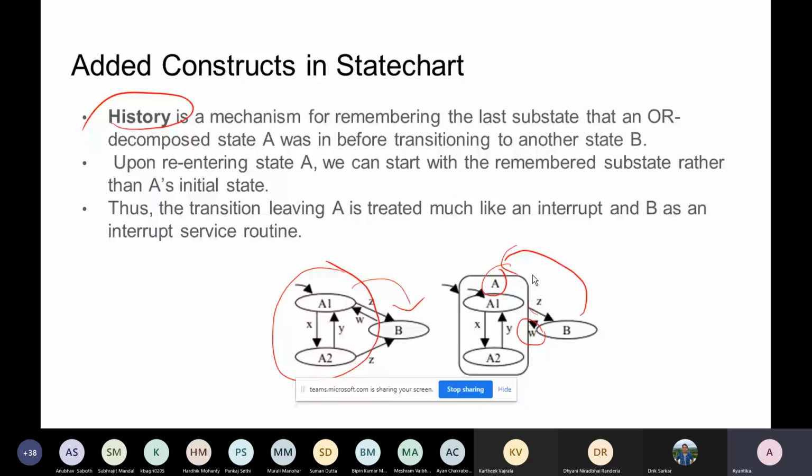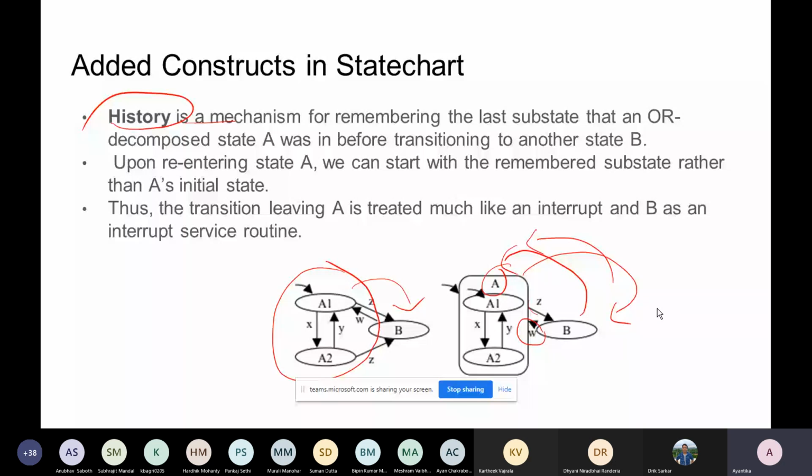To understand, when I'm going back to A, where should I start? To maintain that, the concept of history is added. History stores the last substate, the left state, from where you made the transition from A to B.